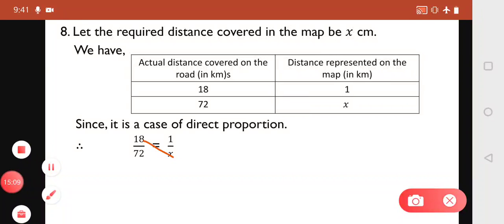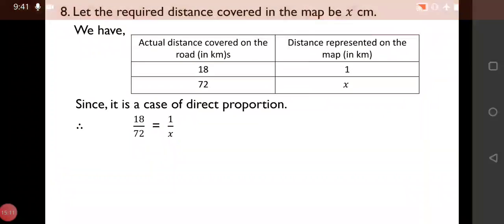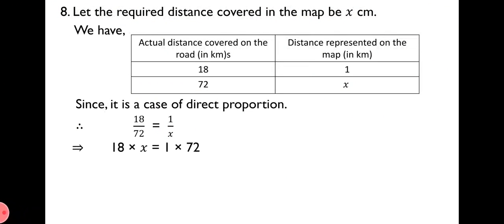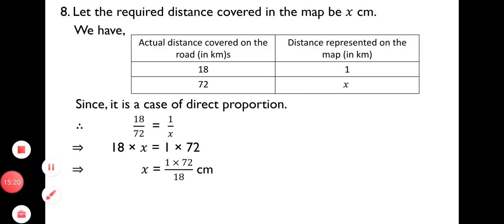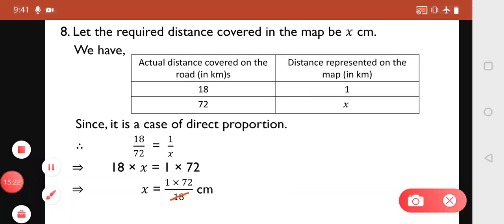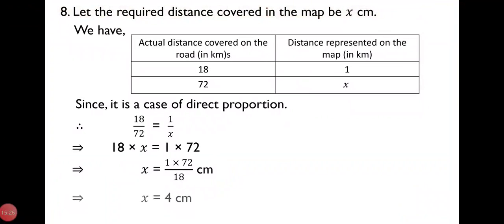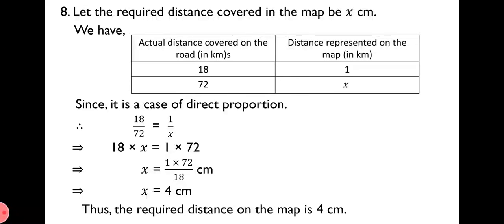Again we do cross multiplication, that is 18 into x equals 1 into 72, which implies x equals 1 into 72 upon 18. Now we know that 18 ones are 18 and 18 fours are 72. Therefore x equals 4 centimeter. Thus the required distance on the map is 4 centimeter.